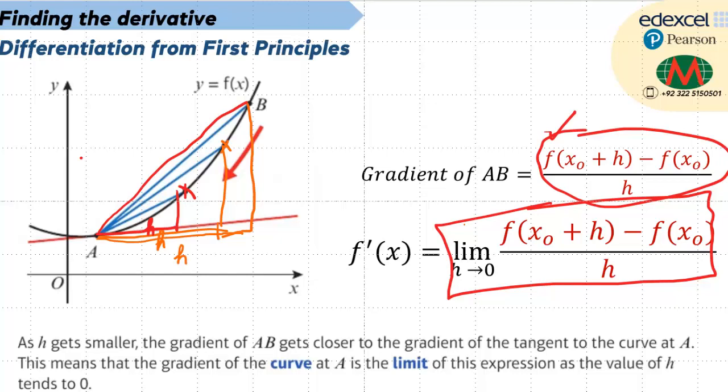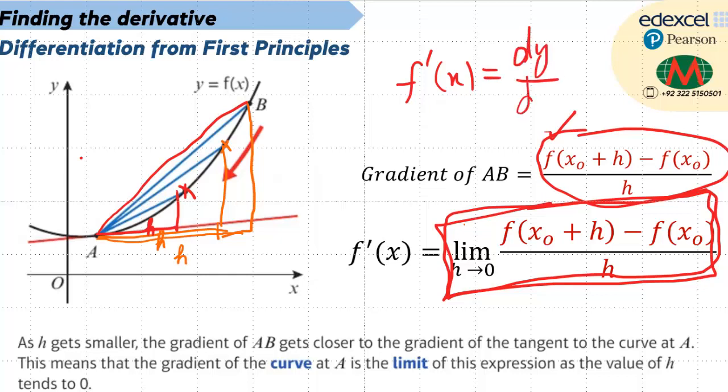In maths we say limit when h is getting closer to 0, this whole gradient, which was the gradient of AB before, will become the gradient of the tangent line. The symbol we use for the gradient of the tangent line is f dash of x, or dy over dx.